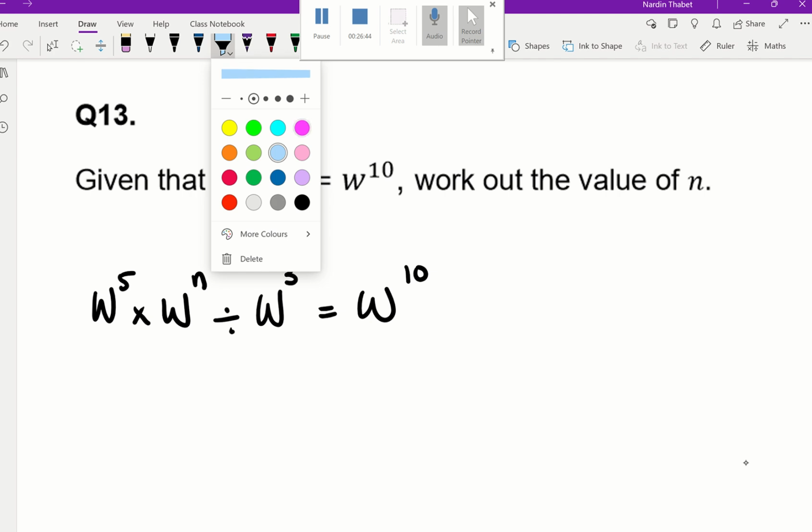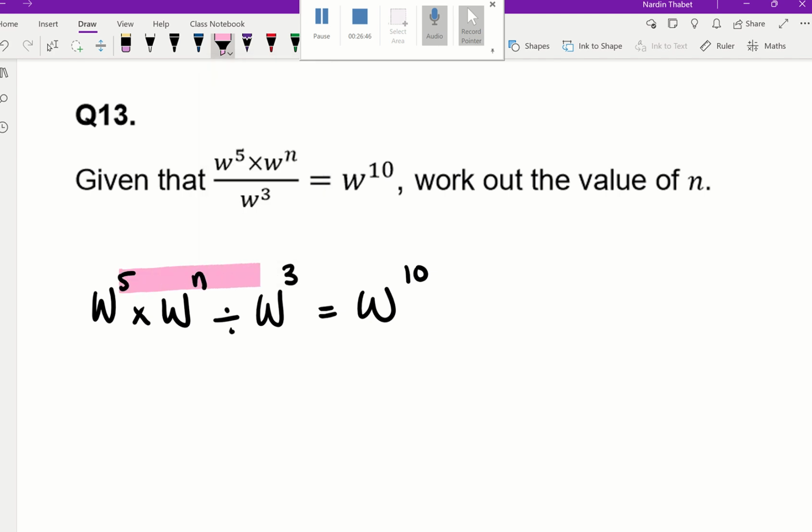So at the top here, this can become an equation. 5 plus n, because I'm multiplying, so I'm adding these two powers. And then I'm dividing here, so I'm subtracting, and it equals 10. So I have an equation, 5 plus n minus 3 equals 10.